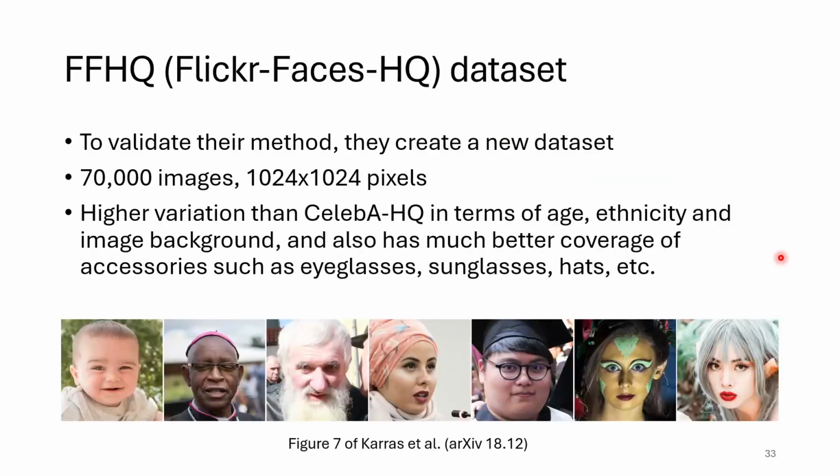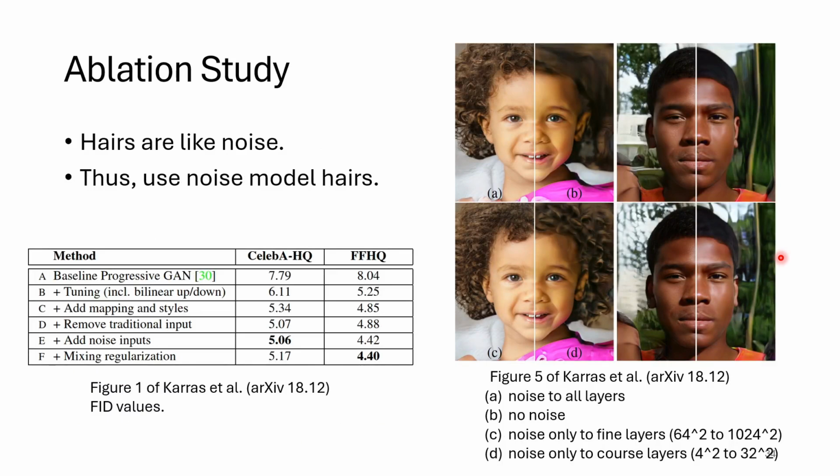Because they found some features on human faces that are unable to be modeled using any signal. For example, hair. Because the hair signal is too random, like noise, they just use noise to generate the result of the hair.